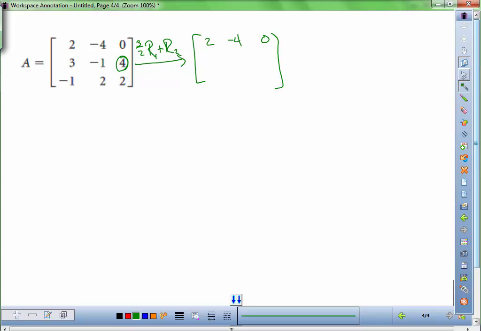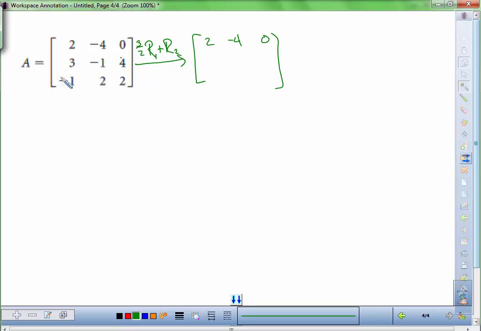All right, did that make sense? Okay. So if you're going to do row reduction to get the LU decomposition, you always want to start from the first row and then clear out the leading terms on the rows below it.